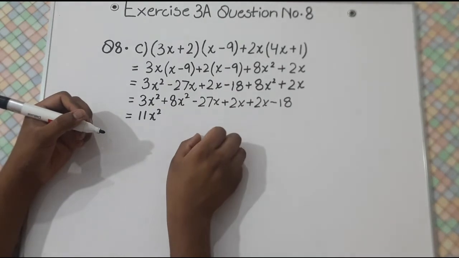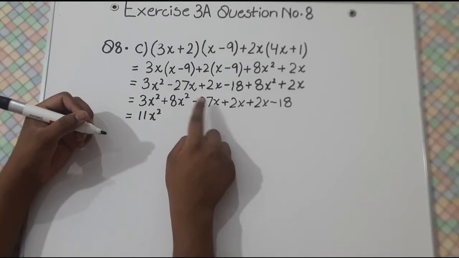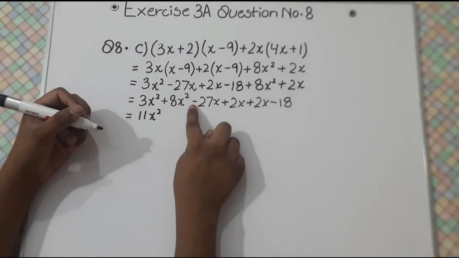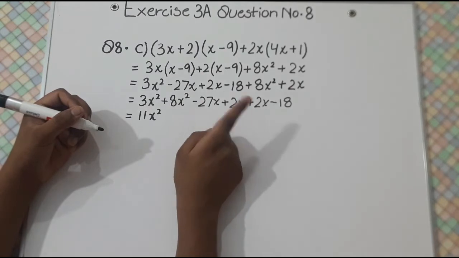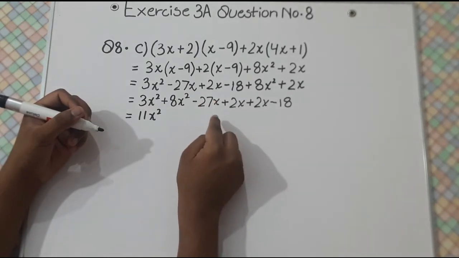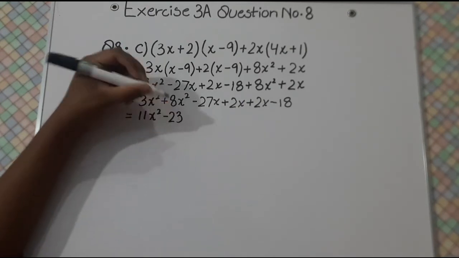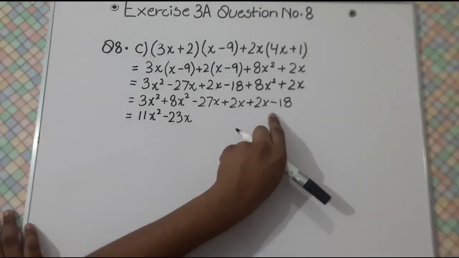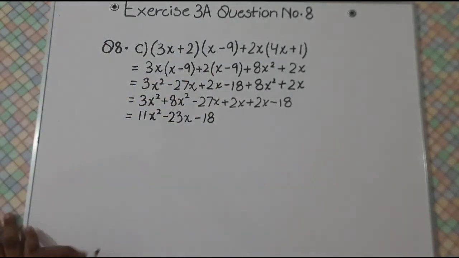So if we add them, plus 2 plus 2x would be 4x, and we are going to subtract 4 from 27x, so it would remain minus 23x. And at last we remain with minus 18. So this was part C of this question.